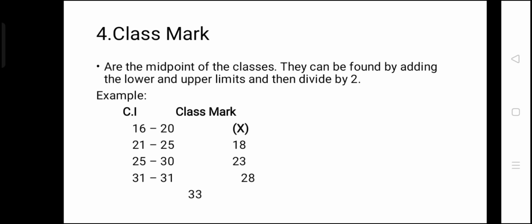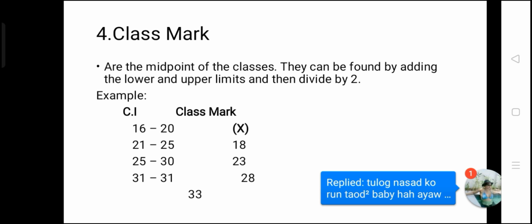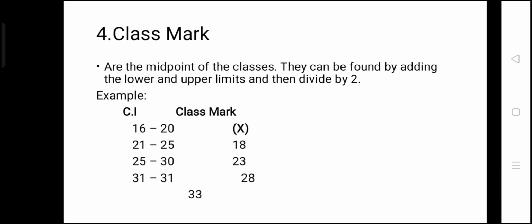Saan siya pagkuha ang class mark niya? Imo siyang i-add ang lower class ug upper class, then divide by 2. So 16 plus 20, i-divide mo 2, which makuha nimo ang 18, and so on and so forth.